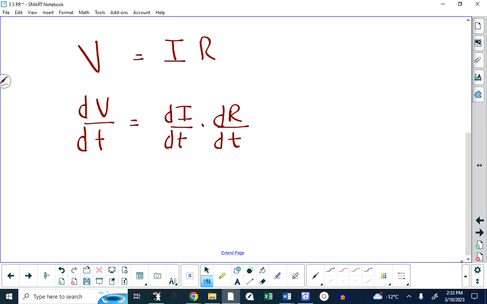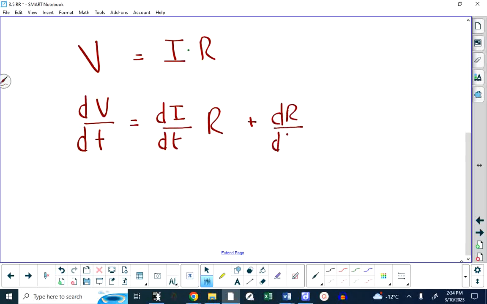I have to follow the rules. And this is a product of two variable functions of time. So I differentiate the first. I multiply by the second, plus I differentiate the second. I multiply by the first. There's the relationship between dV/dt, dI/dt, and dR/dt.